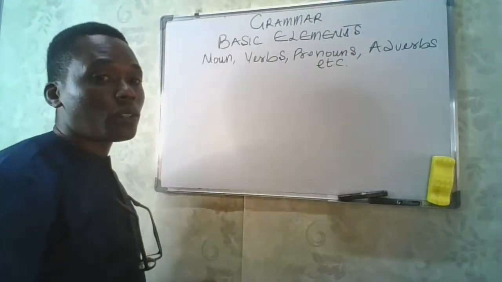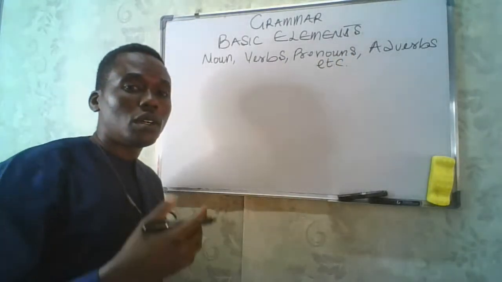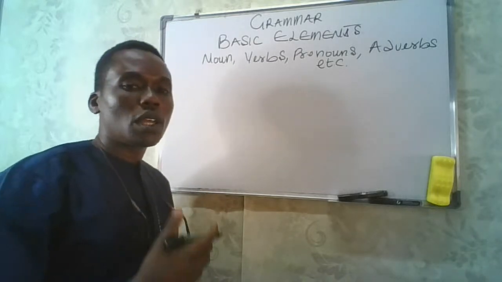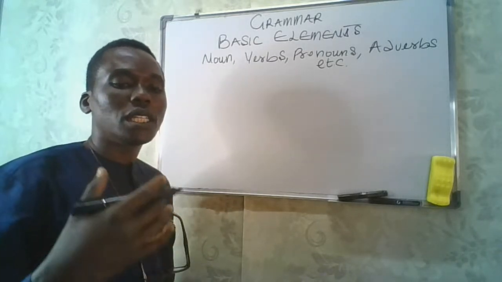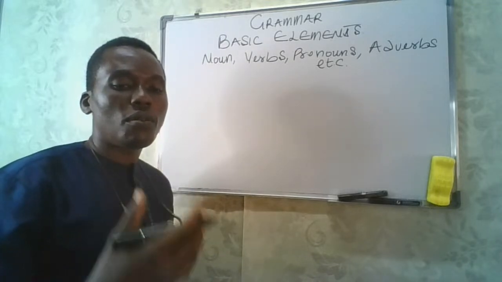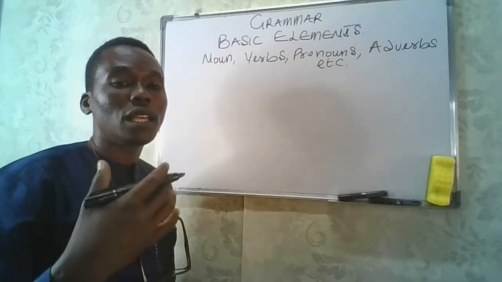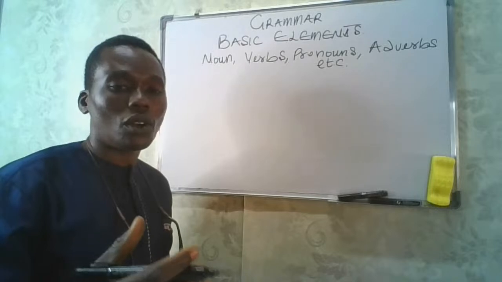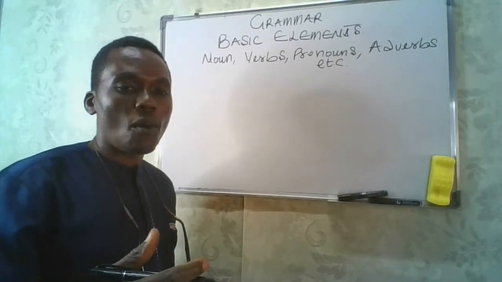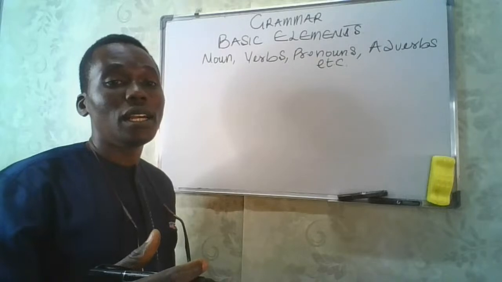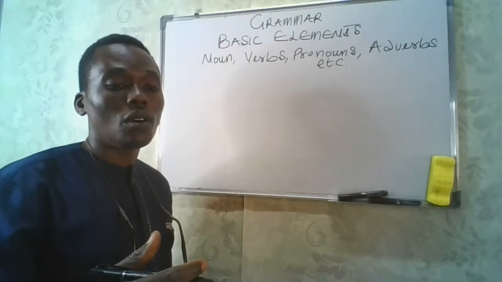So when we talk about noun, this is normal, verbs, pronouns, adverbs. All these are parts of speech that are involved in forming correct English sentence or clauses. Now, these are the basics that forms the parts of any sentence or word or clauses.